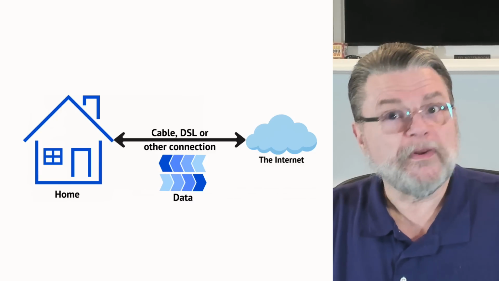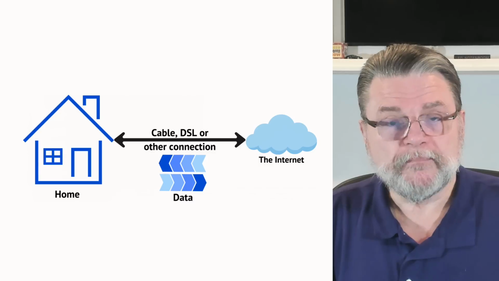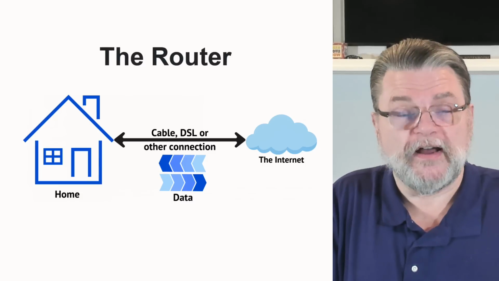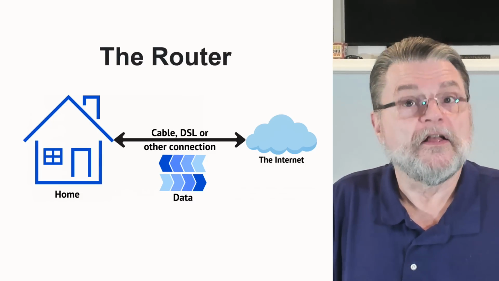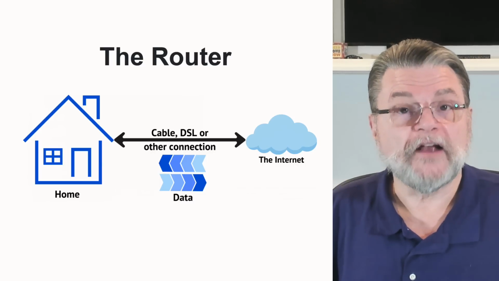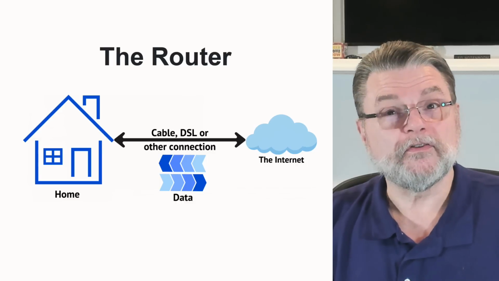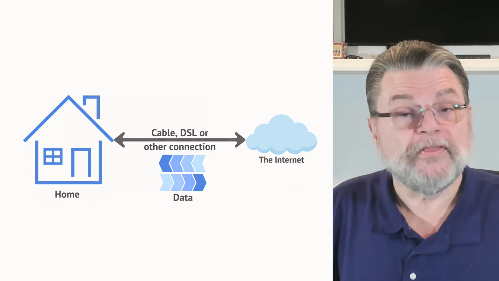The important thing to realize here is that this connection is only to the router, the very first device that is connected to whatever your ISP is providing you. Somewhere in your home, there's a router. That's the connection to the internet. We'll see in a second why it's important to call that out as being something separate, because that's as far as the internet goes without help.